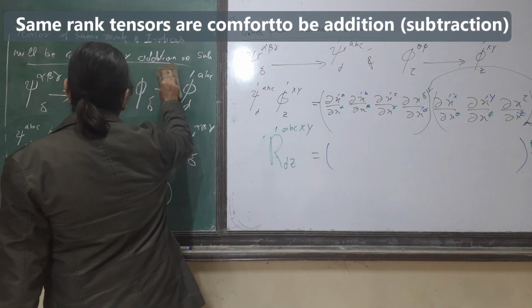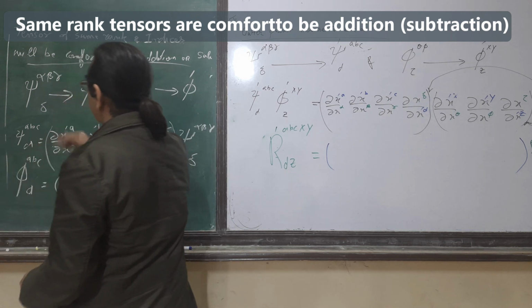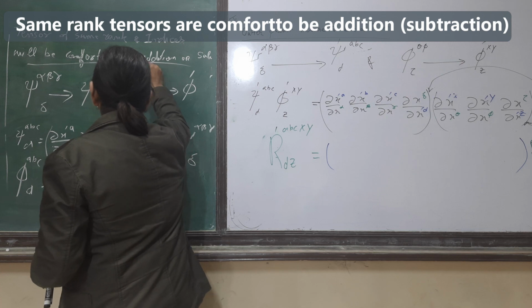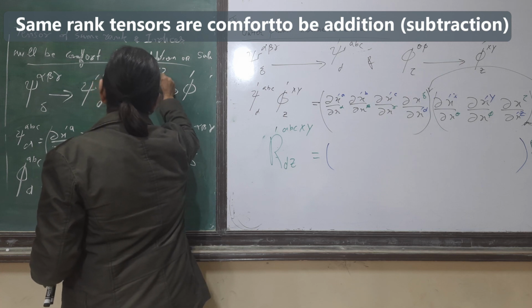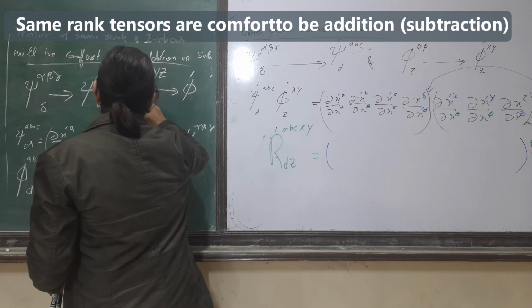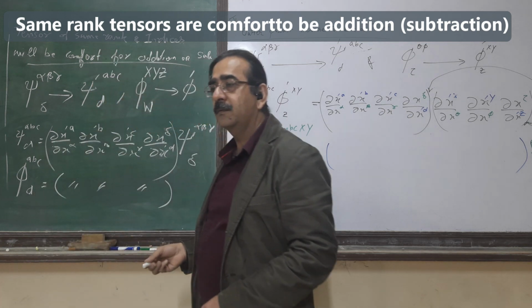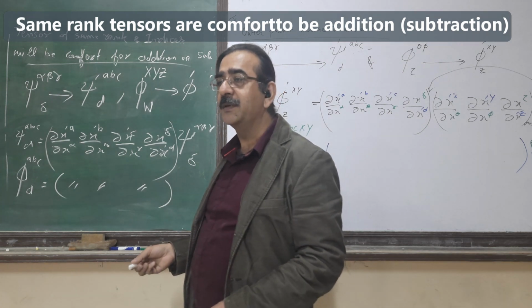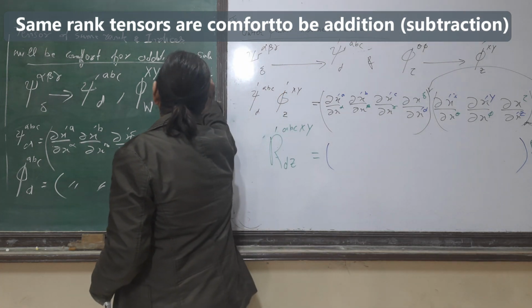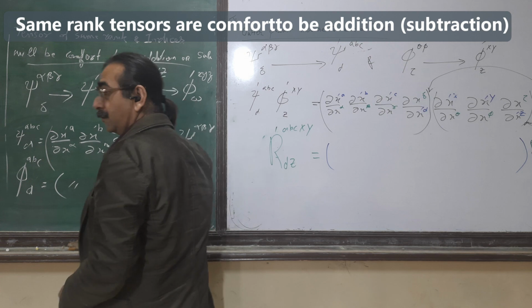For example, if I say that these are not the same, and this is alpha, beta, gamma, and this is capital X, Y, Z, W, converting into X, Y, small w.